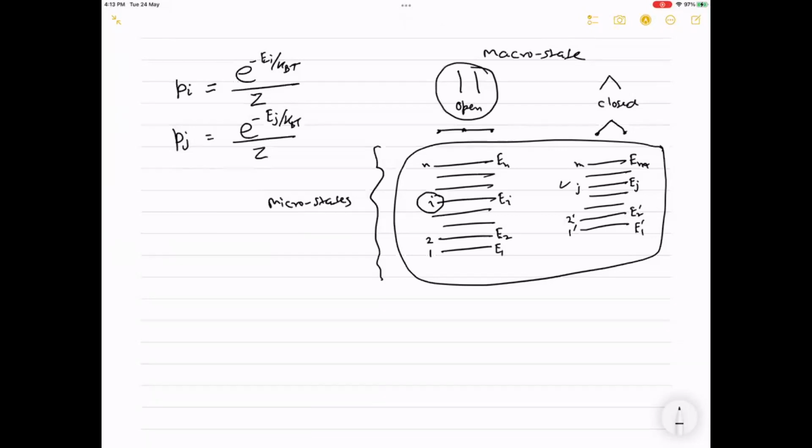Anyone? So let's say I'm not interested in the probability of a system in a particular microscopic state. I am interested to find out what is the probability that the system will be found in the open macroscopic state or in the closed macroscopic state. How do I find it? Anyone?